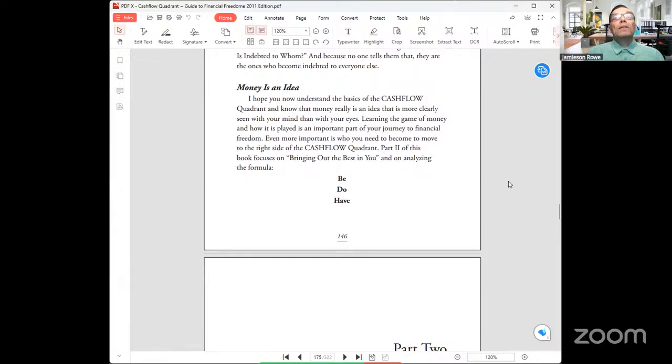Even more important is who you need to become to move to the right side of the cash flow quadrant. Part 2 of this book focuses on bringing out the best in you and on analyzing the formula be, do, have. And my saying is be the vision, do the mission, and have your dreams.